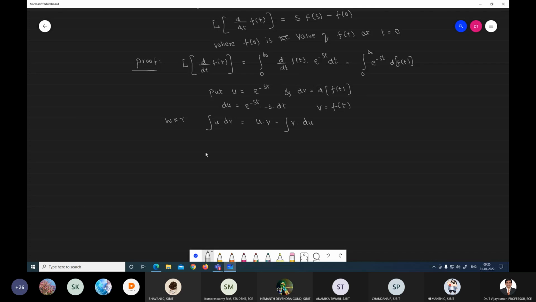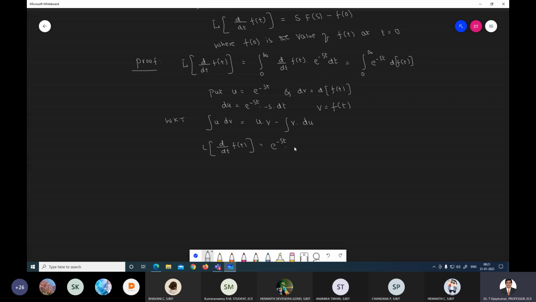You substitute this value now. Therefore, Laplace of d by dt of f of t is equal to: what is u? u is e to the power of minus st. And what is v? v is f of t.